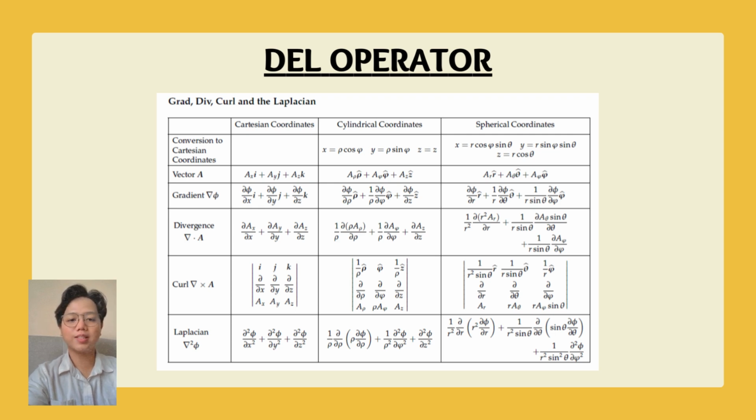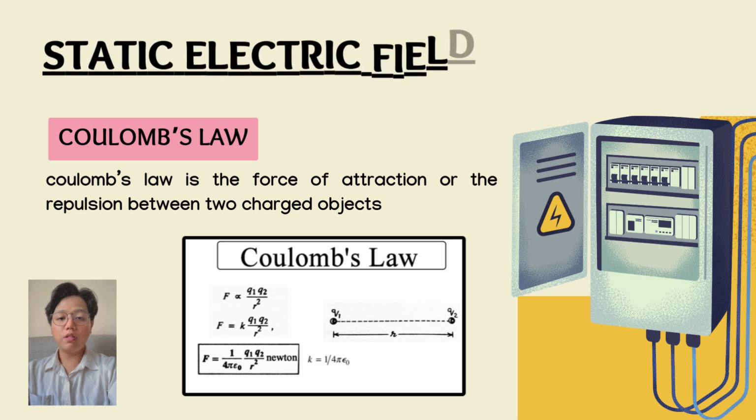For the static electric field, we encounter Coulomb's law. Coulomb's law is the force of attraction or repulsion between 2 charged objects, mentioned as Q1 and Q2. The Q represents the charge.